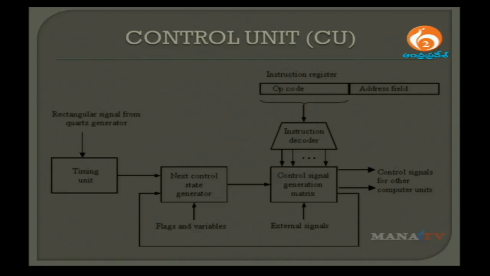This is the chip diagram of the control unit, the work diagram, and then we have flags and variables going into the next control state generator, and then the control signal generation matrix, which produces the external signals, and we have the OP code address field going into the instruction decoder. How it decodes is always a question.